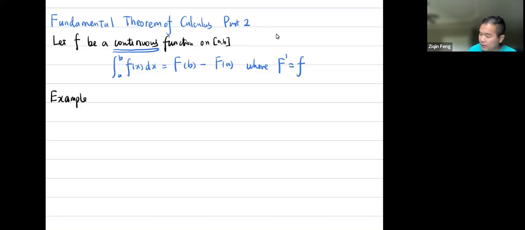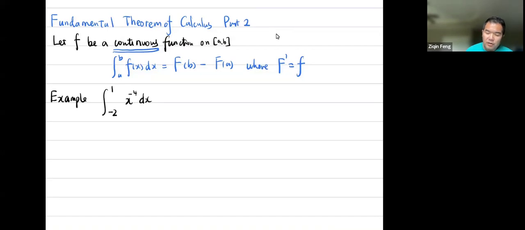We want to evaluate the integration from -2 to 1 of x to the -4 dx. Let me try to do the evaluation, and you tell me whether it's correct or not.